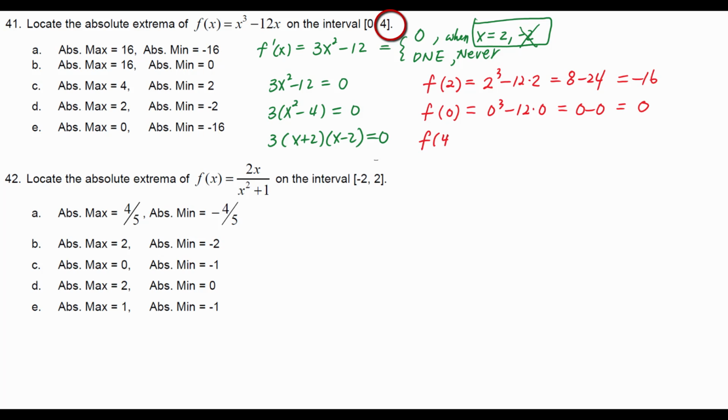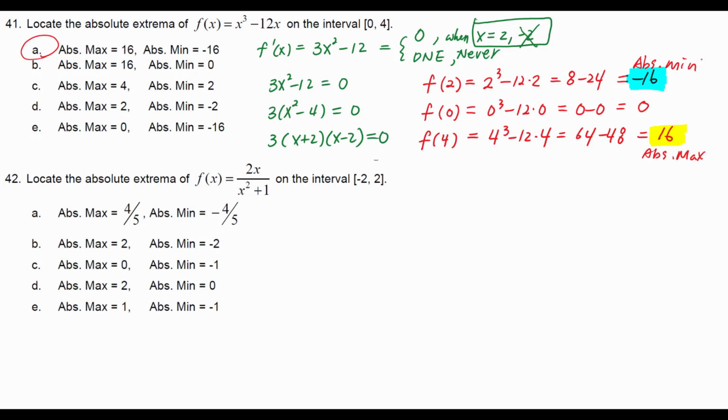F of 4, the other endpoint, is 4 cubed minus 12 times 4, which is 64 minus 48, which is equal to 16. So you can see that 16 is the absolute max, negative 16 is the absolute min, so your answer will be A.